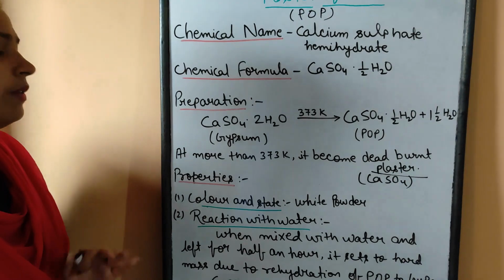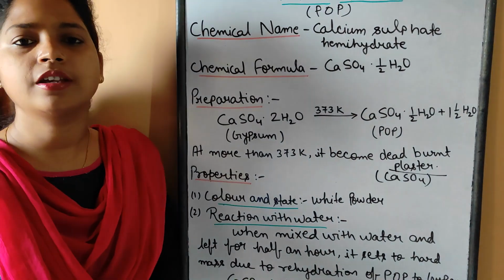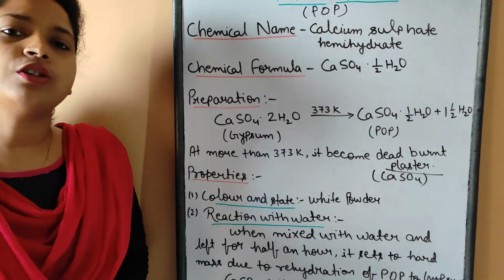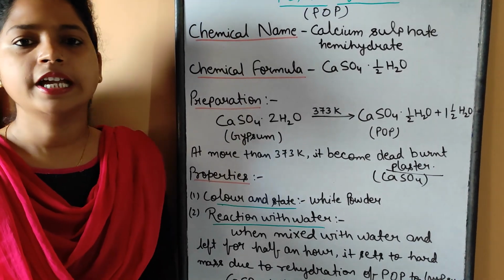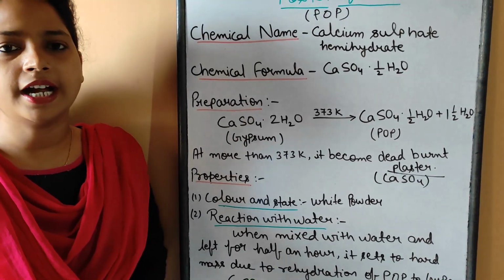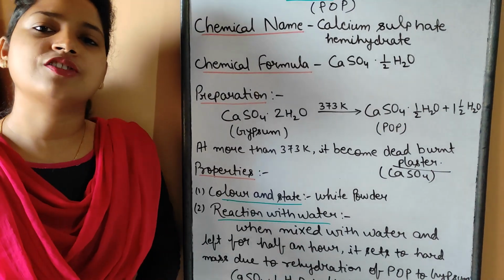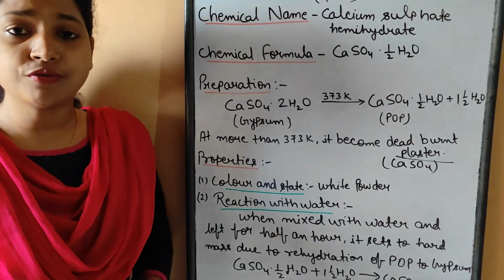Now, after the preparation, the next thing we have is the properties of plaster of Paris. If we talk about the color and state, you have already seen plaster of Paris. Its color is white and its state is powder. Students, in the previous lectures, I described that the solid state exists in two forms.